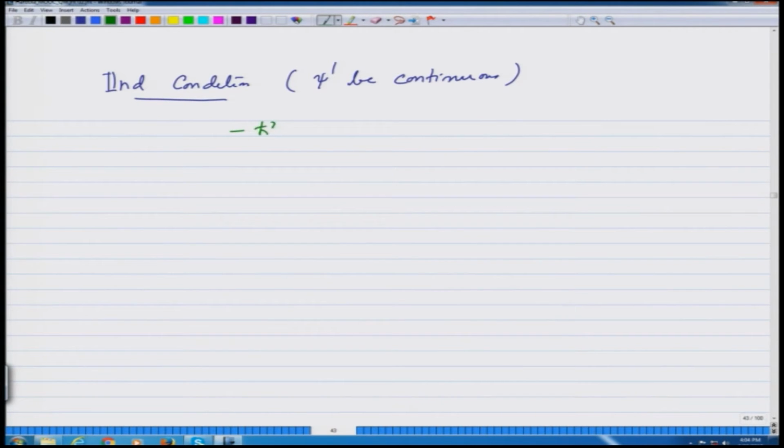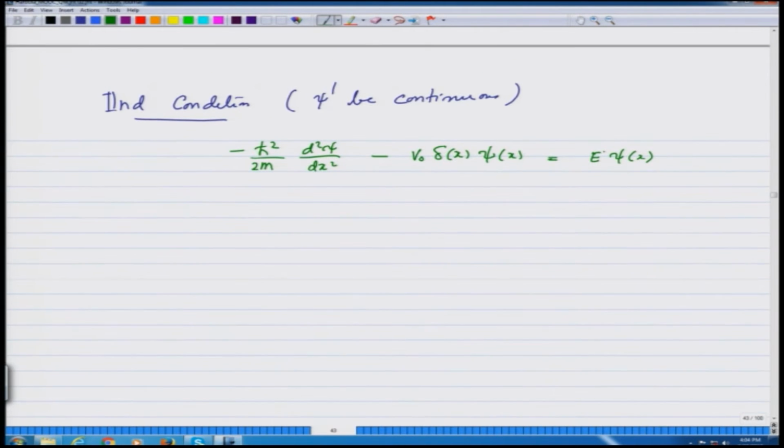We have the Schrodinger equation, d 2 psi over dx square minus v 0 delta x psi x equals E psi x. Since the discontinuity is at x equals 0, let me integrate this equation with respect to x from 0 minus to 0 plus.